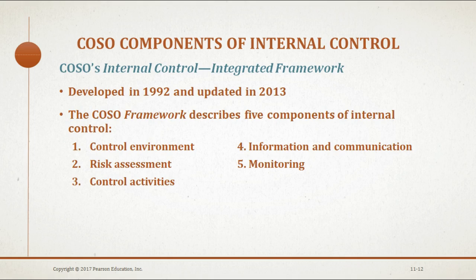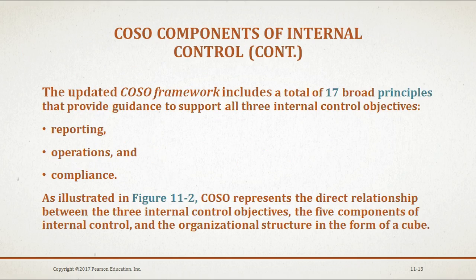The COSO framework describes 5 components of internal control: the control environment, information and communication, risk assessment, monitoring, and control activities. The updated COSO framework includes a total of 17 broad principles that provide guidance to support all 3 internal control objectives: reporting, operations, and compliance.